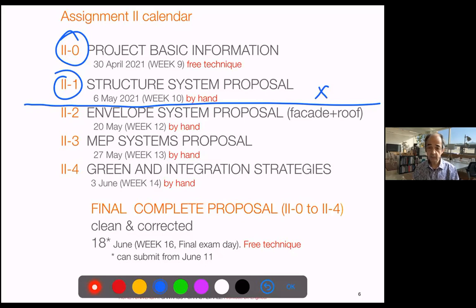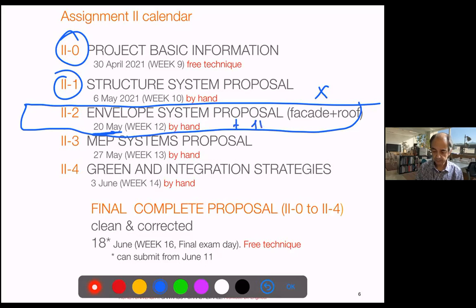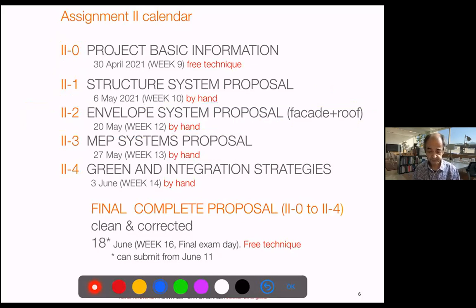If anybody submits later, it's okay, but it will be the super late submission. The second part, the envelope, will be next Thursday. As usual, you have 1 week as a margin, but as usual, try to submit on time.